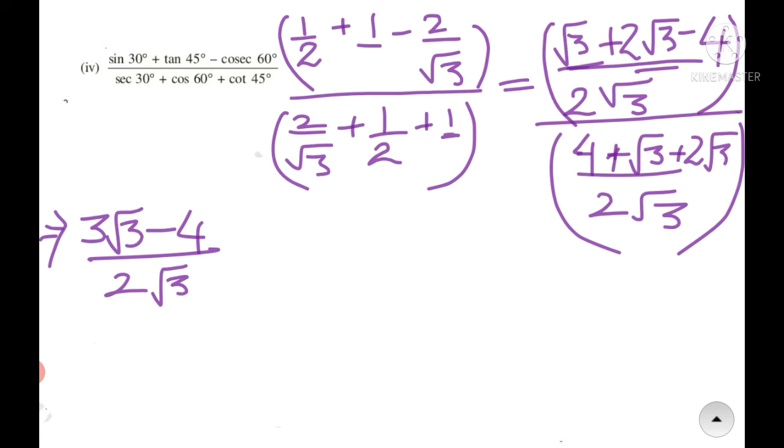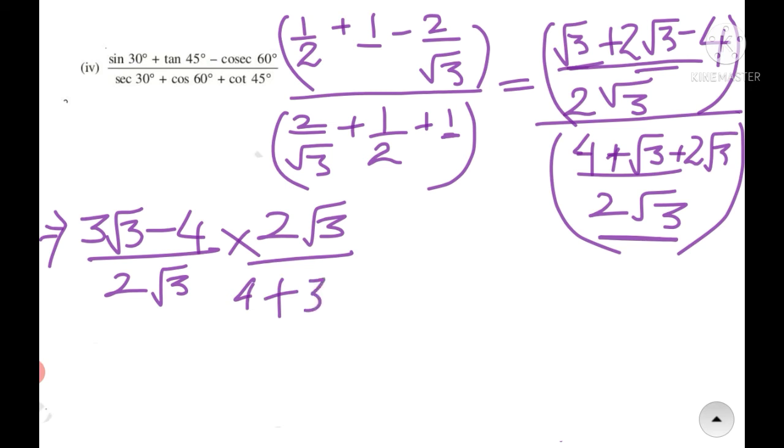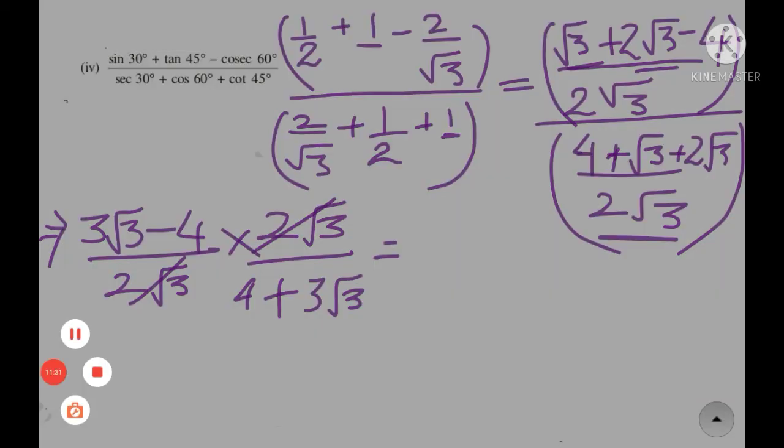And at the same time, I reciprocate. This 2 root 3 goes up, numerator. And in the denominator, I get 4 plus root 3 plus 2 root 3, that is 3 root 3. Now, this gets cancelled. And I am left with 3 root 3 minus 4 upon 4 plus 3 root 3.